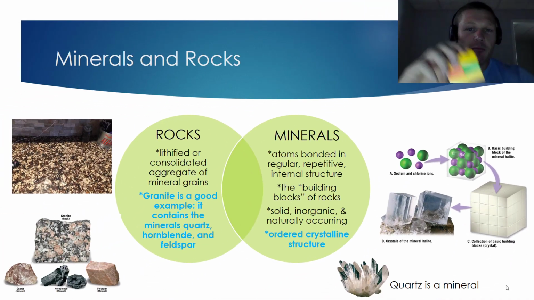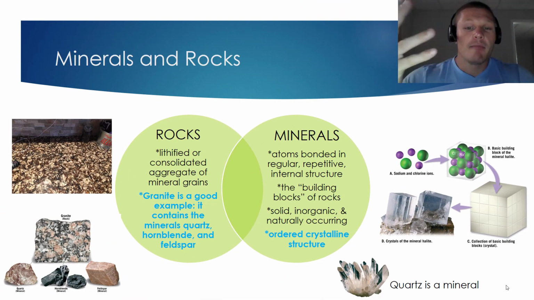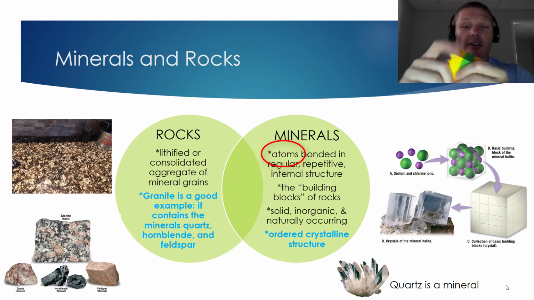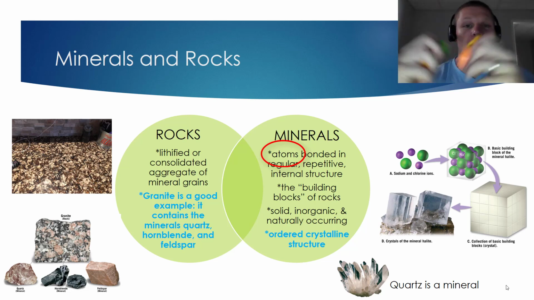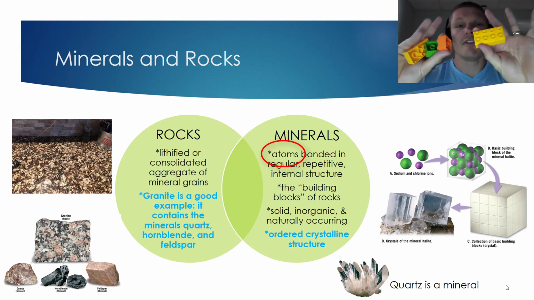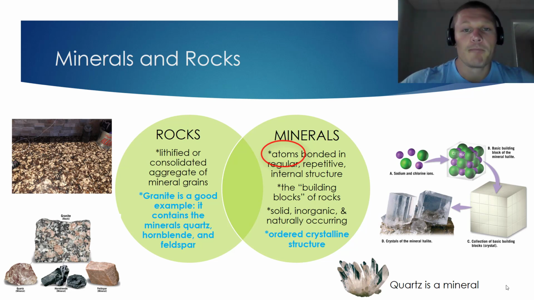So this model, quite simply, shows you that minerals are made up of atoms, because of course I can take the Legos apart and I have the individual components of the mineral.